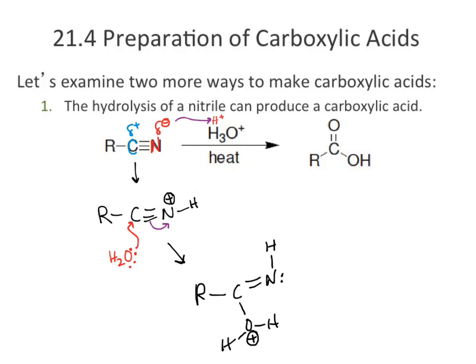What happens? It can lose a hydrogen through a deprotonation step. We then have a neutral species, which isn't so bad. How are we going to end up pushing all the way to the carboxylic acid? We're going to need a lot of water. Why do we need a large excess of that H3O plus in water?